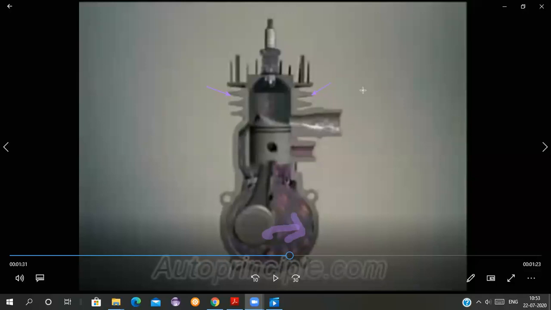Can anyone tell me why it is consuming more fuel as compared to a four-stroke engine? Sir, valves are not present.